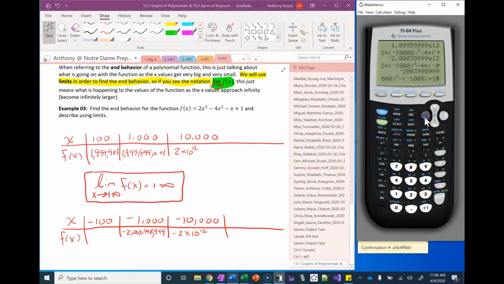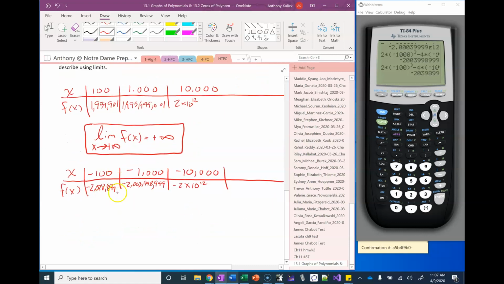And when I do negative 100, we get negative 2,038,899. So if I look at what's happening to these y-coordinates as we move more and more negative on the x-axis, those y values are getting smaller and smaller. So we write the limit as x approaches negative infinity of f of x is equal to negative infinity.